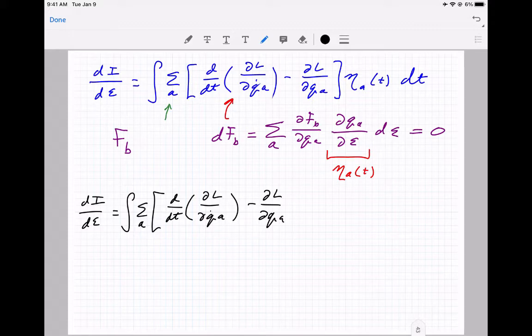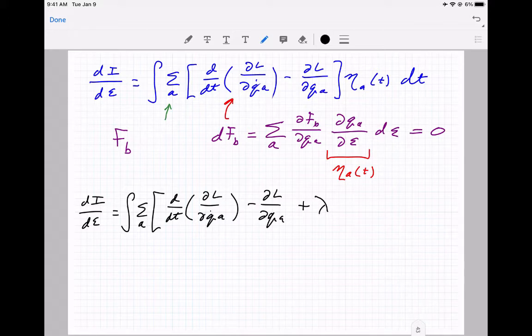It's 0, or the variation is 0. And so it is going to contribute in some way. And let's just say that there's going to be this undetermined multiplier. You can multiply anything by 0 and you still get 0. And so I can multiply the differential by that lambda. It's still going to be 0.